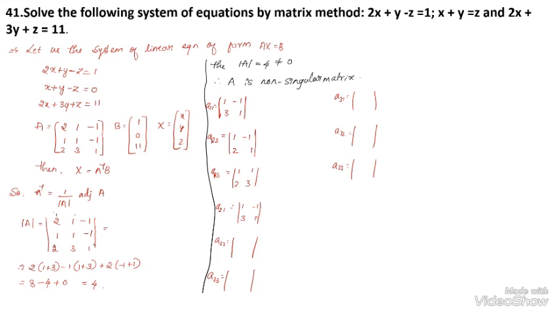For the middle one, 2 minus 1, 2, 1. For this element, 2, 1, 2, 3. For the third element, 1 minus 1, 1 minus 1. For this element, 2, 1, 2, 3. For the last element, 2, 1, 1, 1.